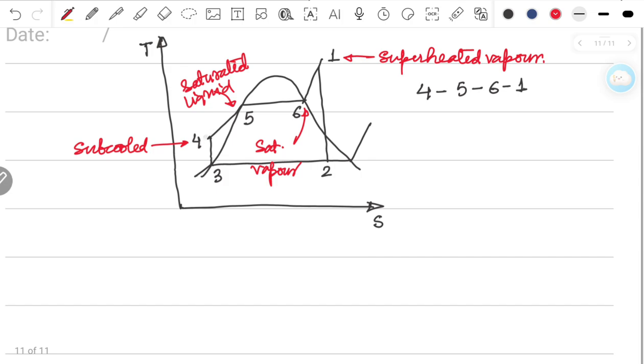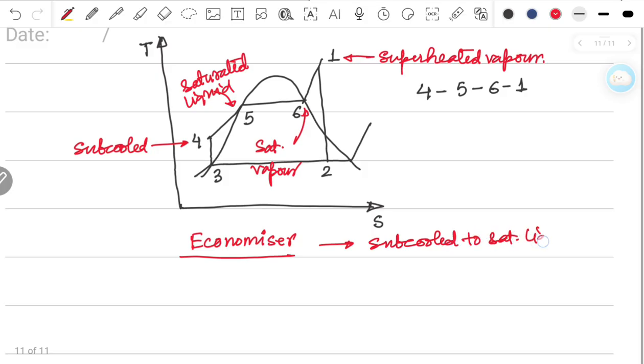This conversion of subcooled liquid to saturated liquid is done in the economizer. So the economizer is that portion of the boiler where the conversion of the liquid from subcooled to saturated liquid happens, and here the temperature of the fluid, that is water, rises.